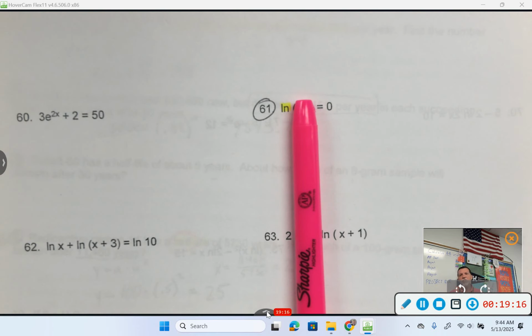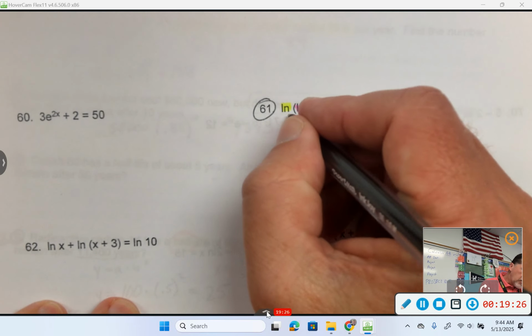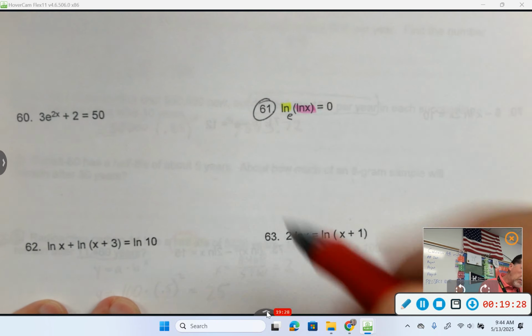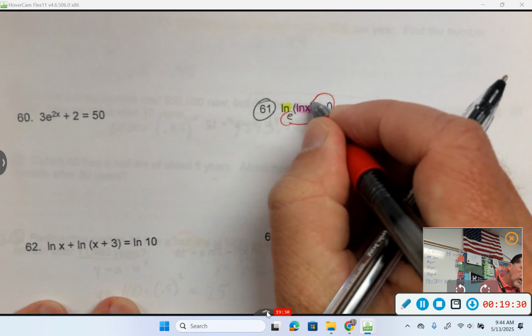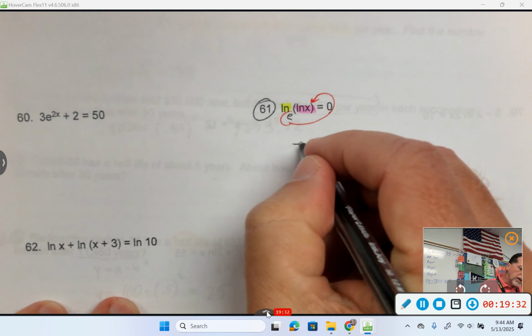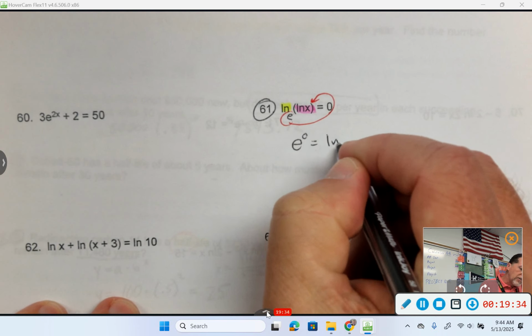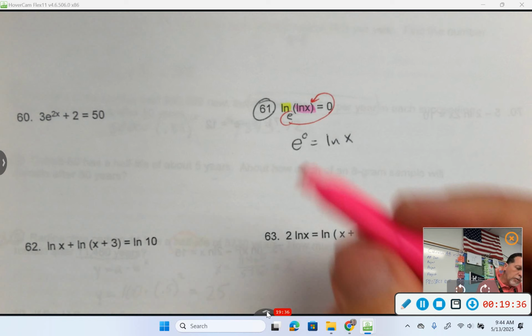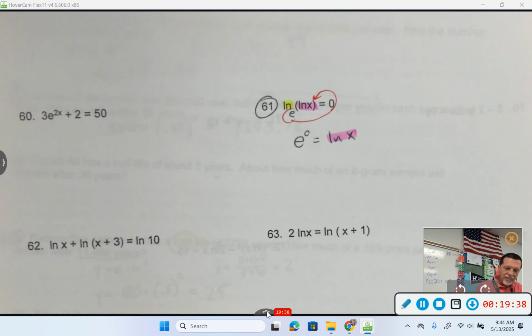So if I had natural log of something equals 0, what would you normally do as a first step? Fishhook it. So let's fishhook that thing. There's a base of e, the invisible e base there. So this feels weird, but e to the 0 equals natural log of x, the pink natural log of x.